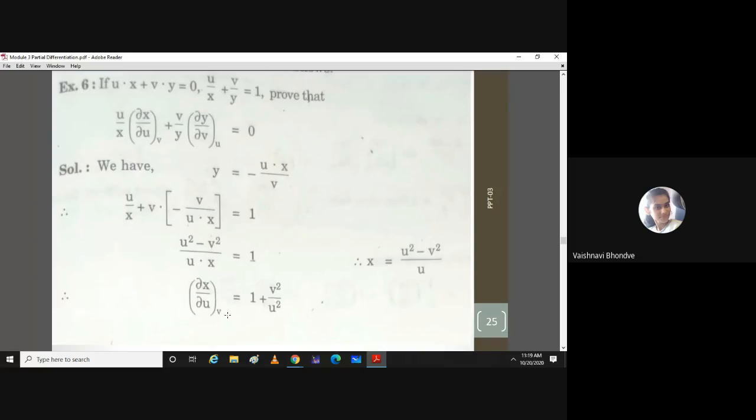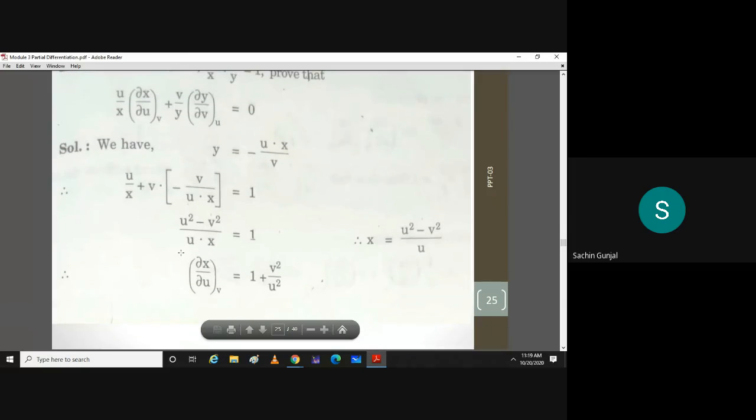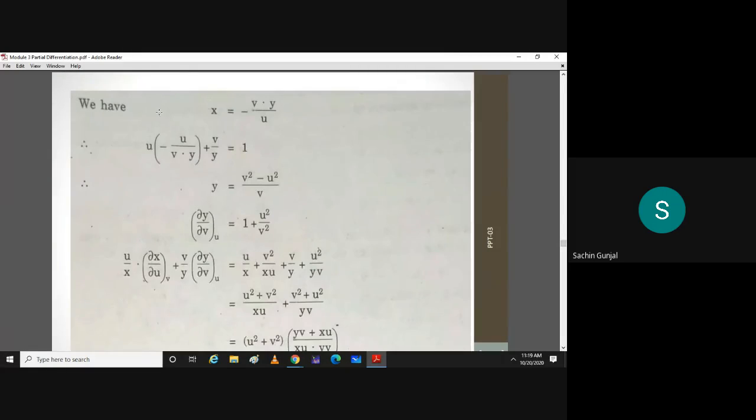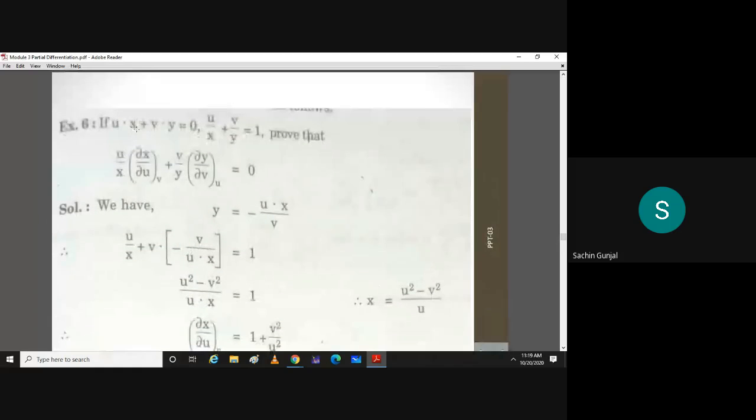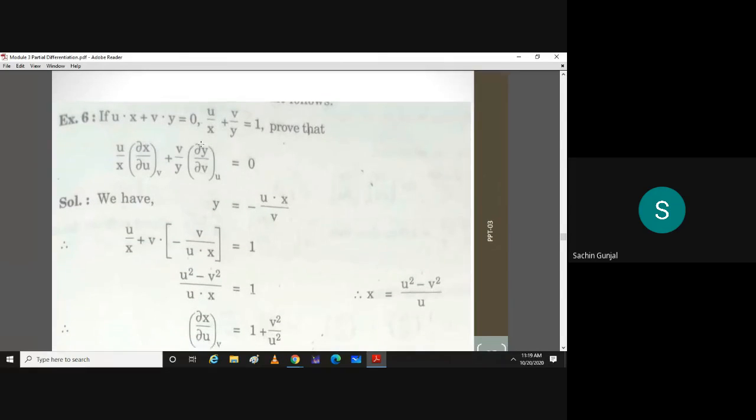Now second, y with respect to v treating u constant. So you need to find y in terms of v and u, that is, eliminate x. From the first, x is equal to minus vy upon u.